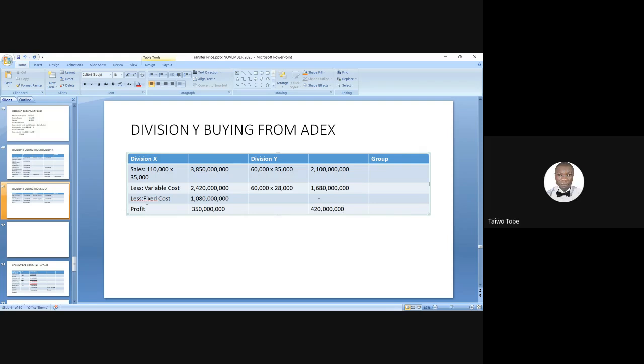So now, when you apply your tax rates on the profit, these profits before tax, you apply your tax rates.